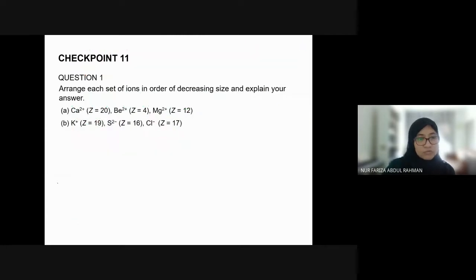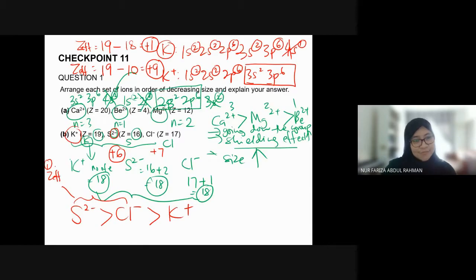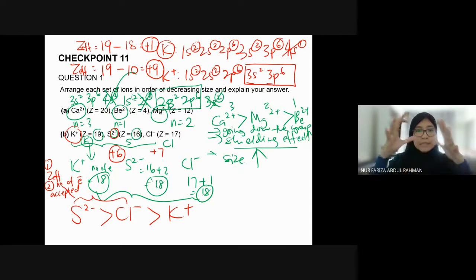Number 2, you have to highlight in terms of the number of electron accepted. Sebab the more electron accepted in the atom, the higher ataupun the greater the shielding effect. Therefore, the attraction will become lesser ataupun weaker, and thus the size become larger.